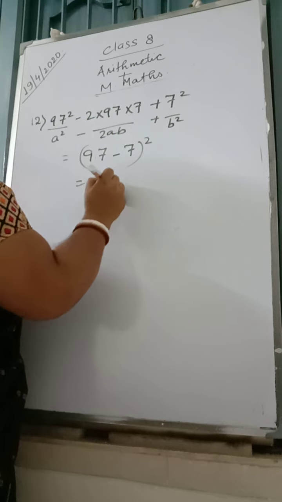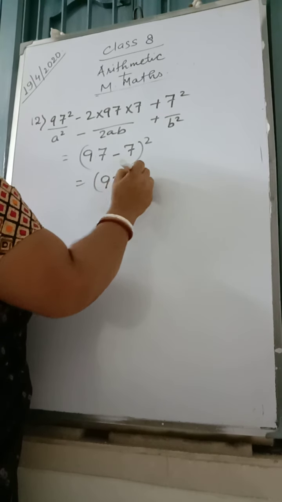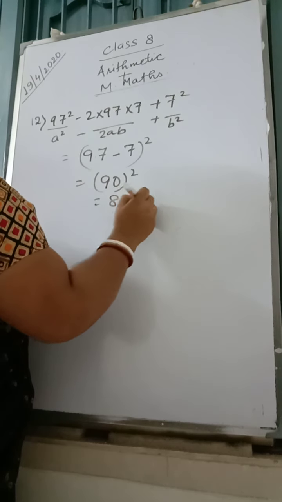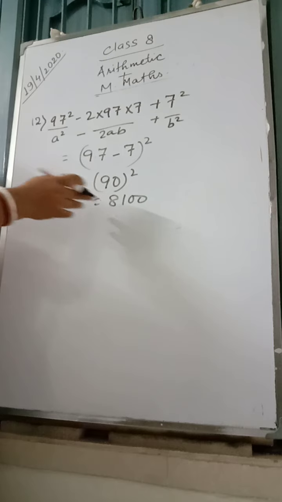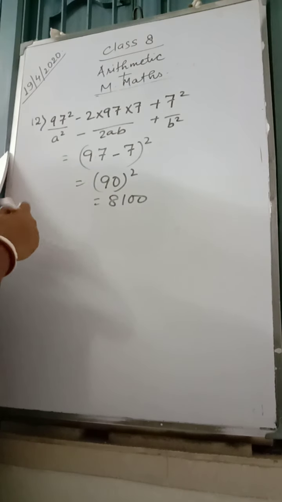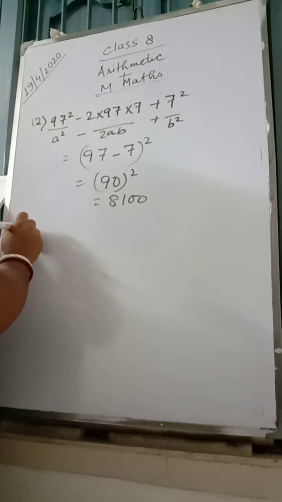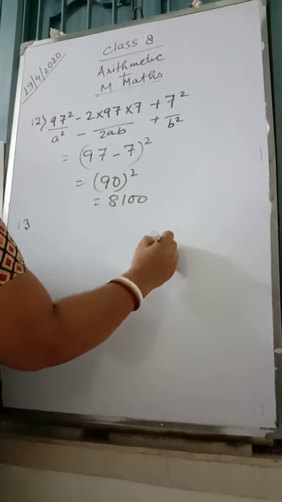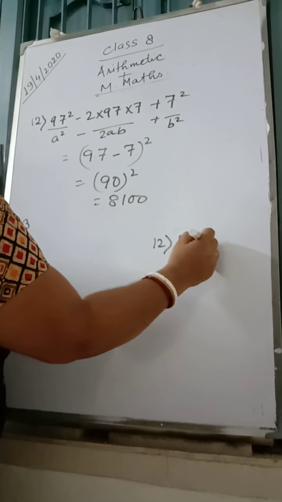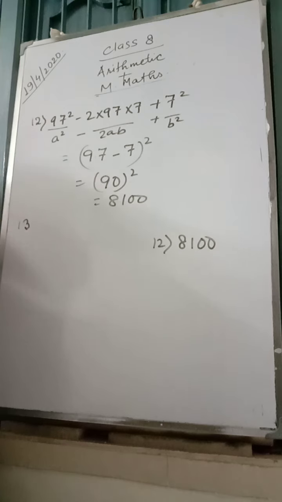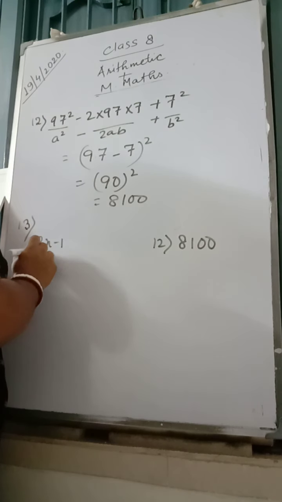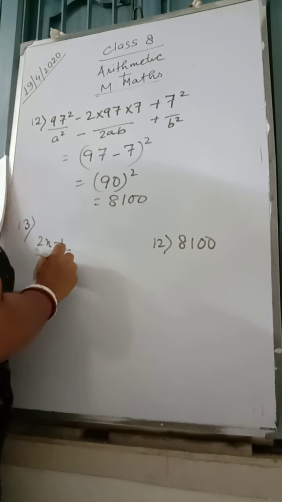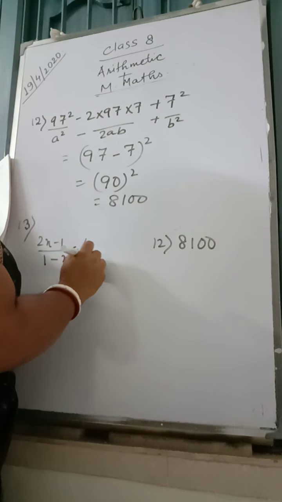So 97 minus 7, that is 90 square, or this gives you 8,100. This, as I have told you yesterday, simplification should be done in your copy and answer will be written in the book. Number 12's answer is 8,100.